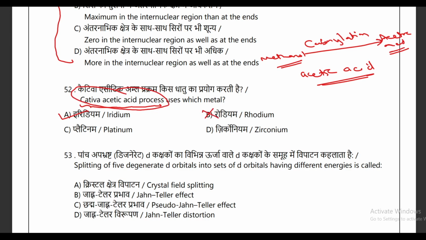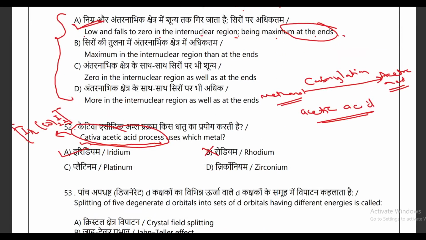And if we talk about the catalyst, it's mainly the catalyst in the Cativa acetic acid process is iridium dicarbonyl diiodide negative. So this is the catalyst that is used in the Cativa acetic acid process. So A option is correct answer in this question.